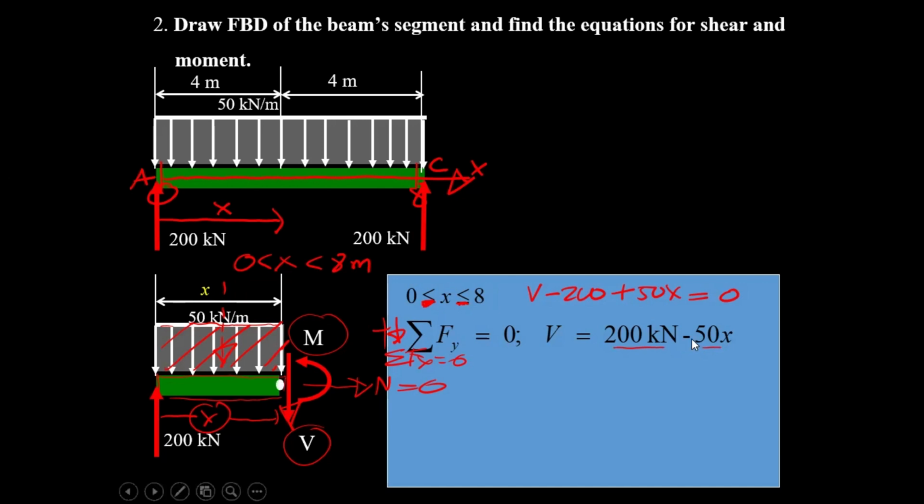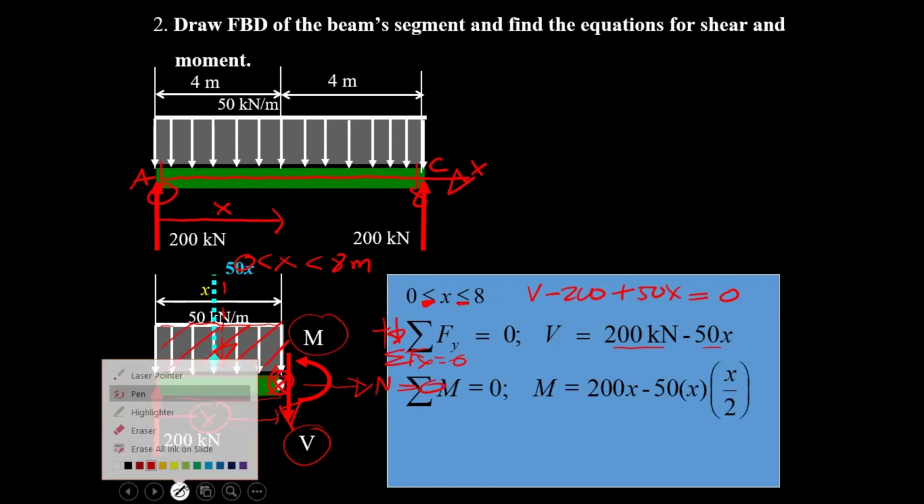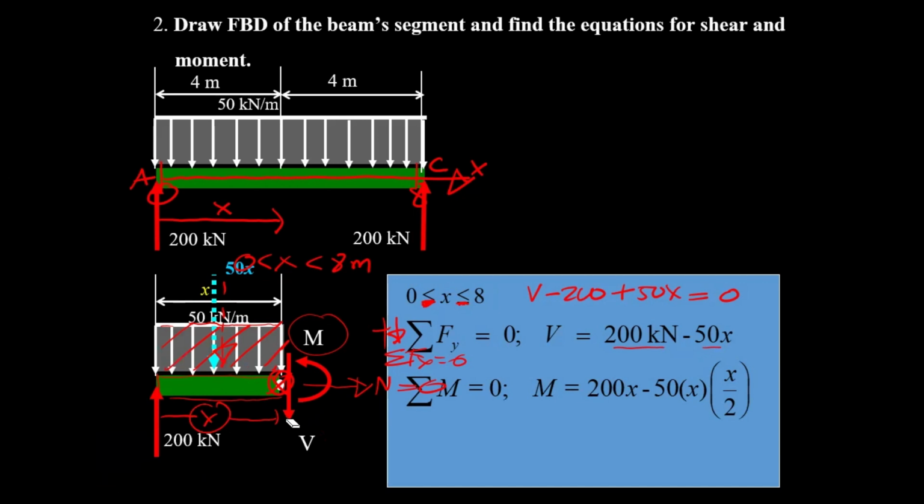And then for the moment, take the moment at this point. If you set moment counterclockwise to be positive, you will have M. The distance from here to here is going to be x over 2, rotating in the same direction, so plus 50x times x over 2.